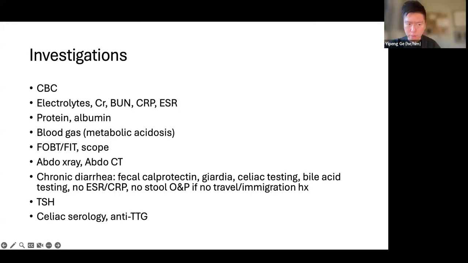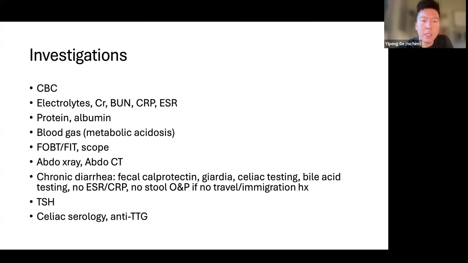More briefly, some of the investigations that you can do, in a more resource-limited setting or depending on what investigations you have available. You could do a complete blood cell count to get a sense if there's any blood loss, like a low hemoglobin if they've been losing a significant amount of blood, if you're worried about a bleed or blood in the stool.